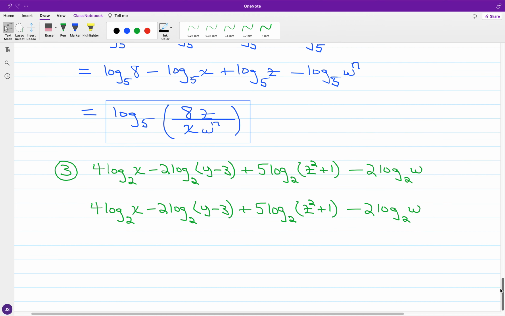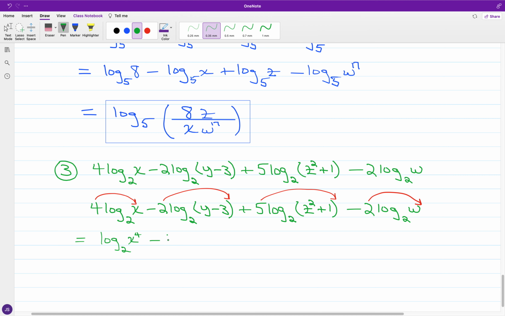Okay, looking at compiling as a single base 2 logarithmic term, any coefficients outside of positive and negative 1, we'll just go ahead and write as exponents. And so for what we have here, we've got the base 2 logarithm of x to the 4th.